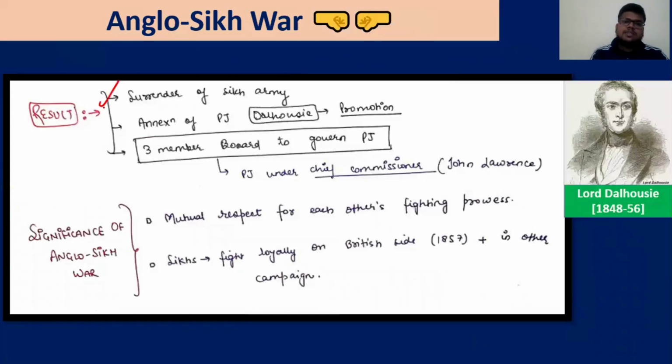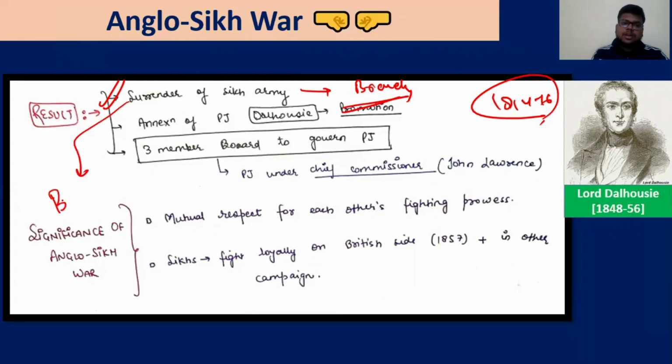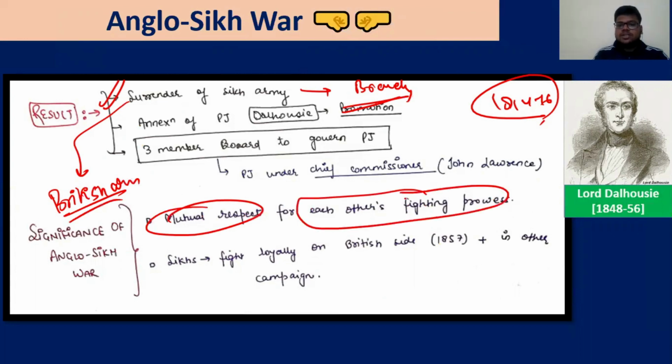Finally, the Sikh army surrendered, but they fought very bravely, just like the Gorkha army after the 1814-1816 war. Hence, the British recruited a lot of Sikh soldiers into their army. So it increased the mutual respect for each other's fighting prowess. And finally, these Sikh soldiers would fight on the side of the Britishers when the revolt of 1857 happened.